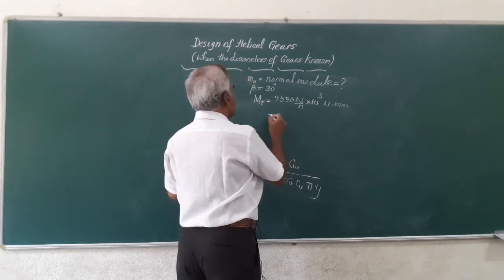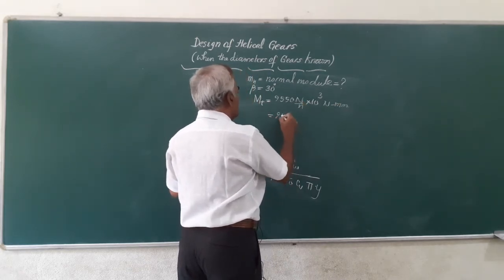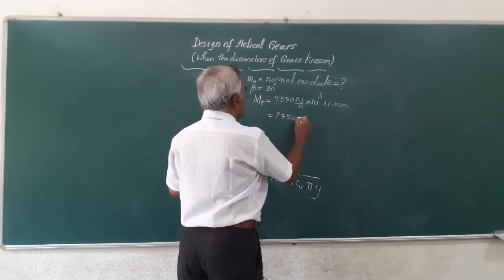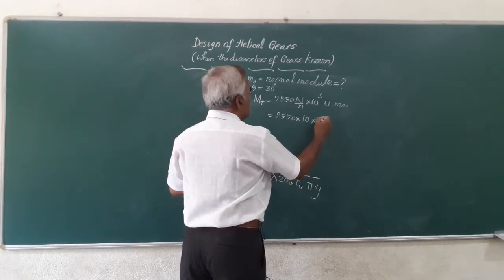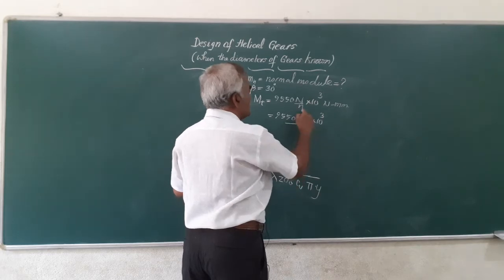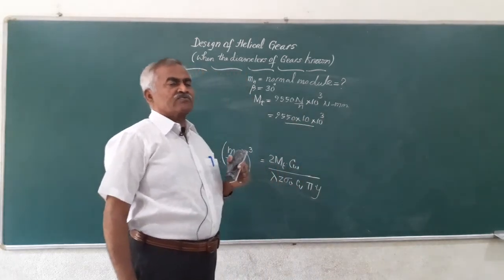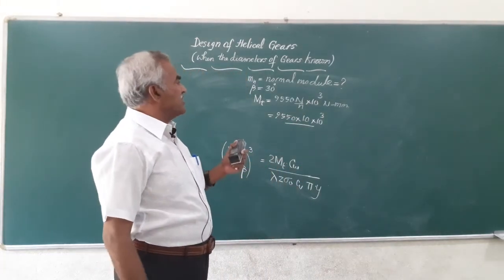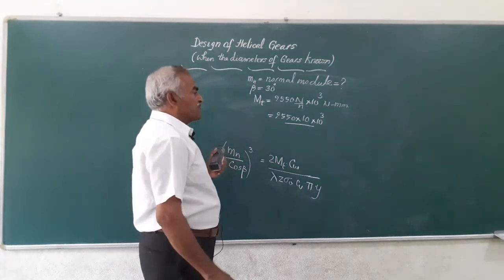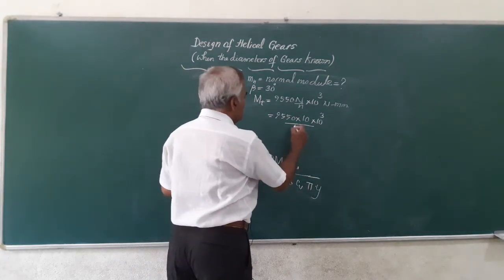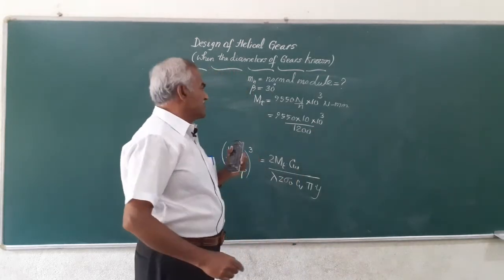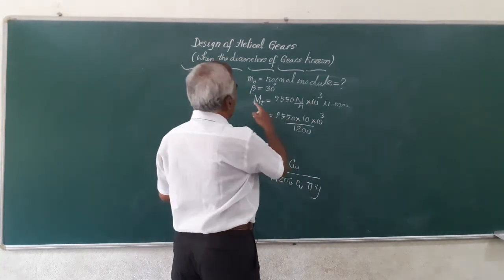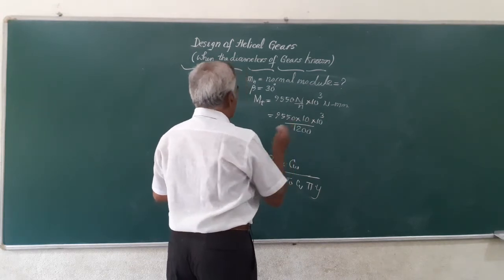Here N is the power transmitted, so 9550 into say 10 kilowatts, 10 power 3. Next comes this n, the speed of the weaker member, and in this particular problem, the pinion is the weaker member and its speed is 1200 RPM given in the question.